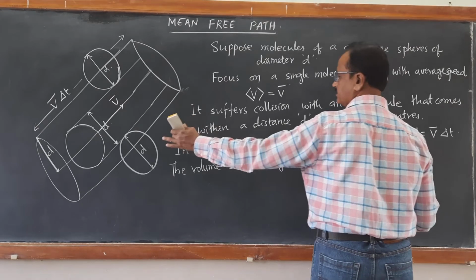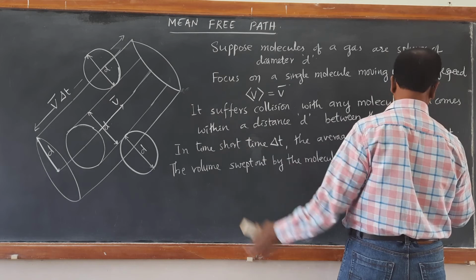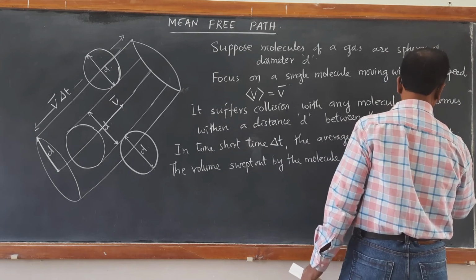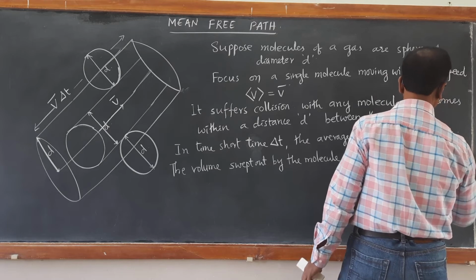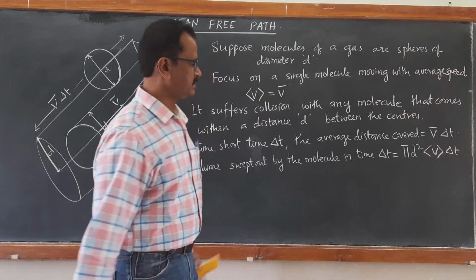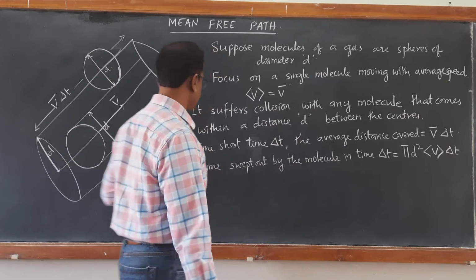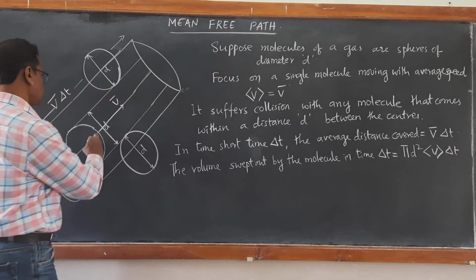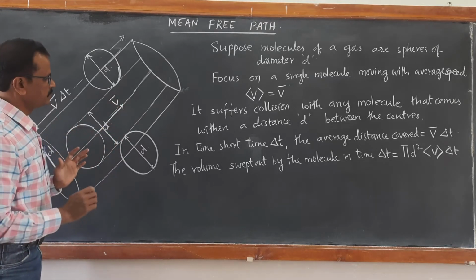You can see pi d square into the length covered, v bar delta t. This becomes the volume swept out by the moving molecule. This is the moving molecule, the one on which we are focusing.